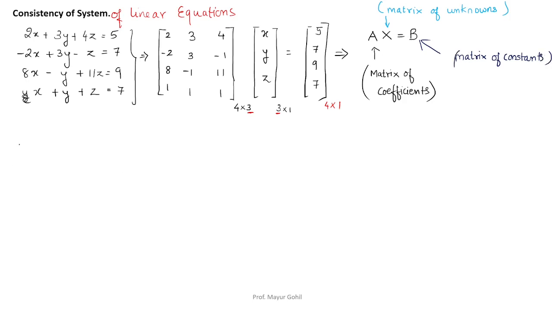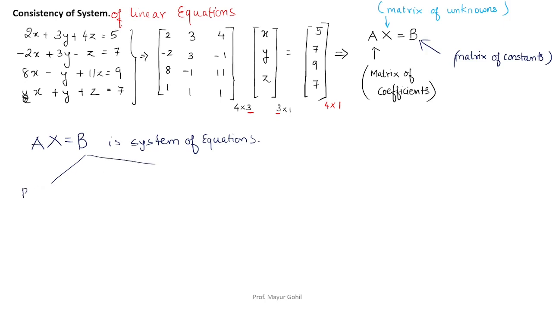Now, AX equal to B is a system of equations. This system has two possibilities: either it is homogeneous or non-homogeneous, depending upon the matrix B. Here there are two choices.